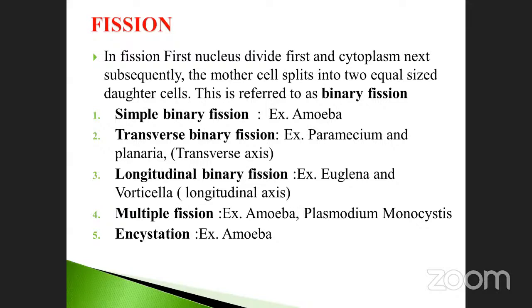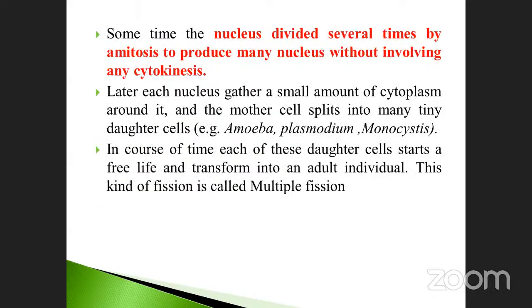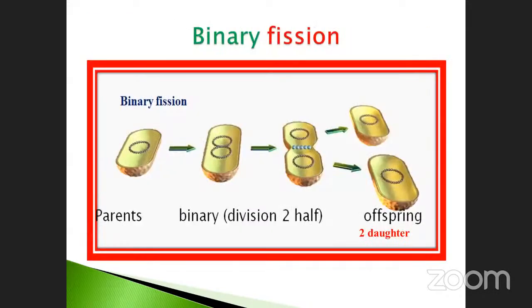It's nothing but the resting stage, otherwise called the sleeping stage. After the unfavorable condition is finished, the cyst completely tears and then the microorganism comes out and survives. This is encystation. These things were also already discussed.